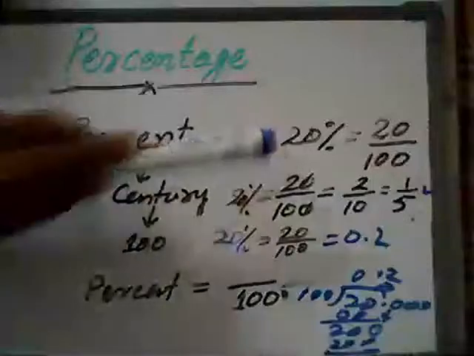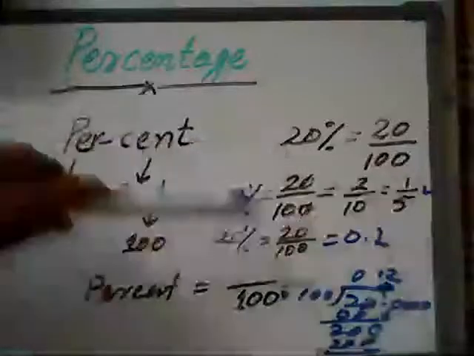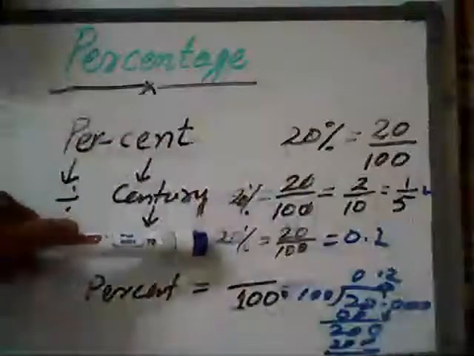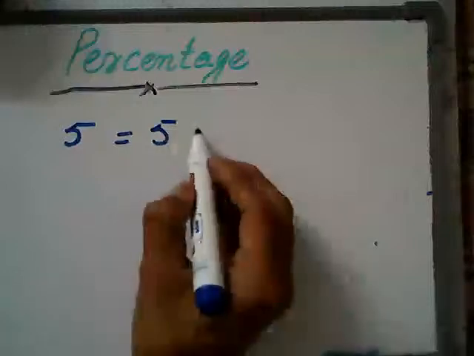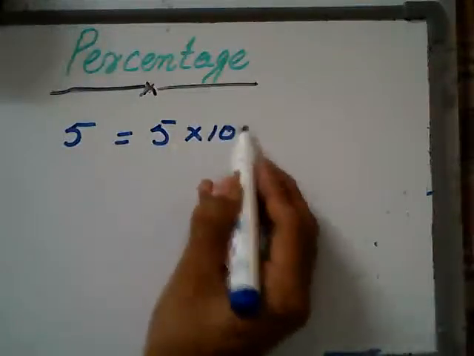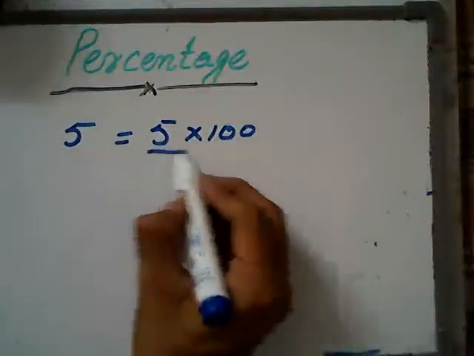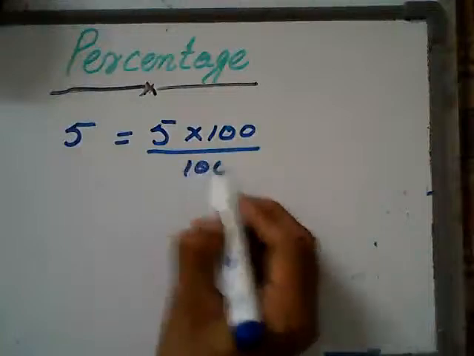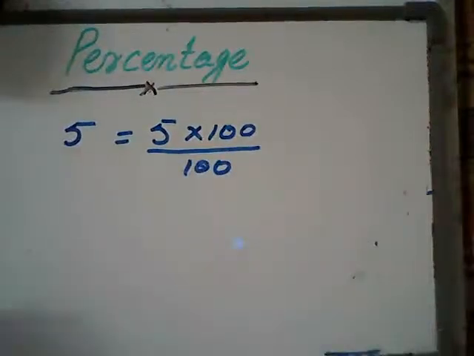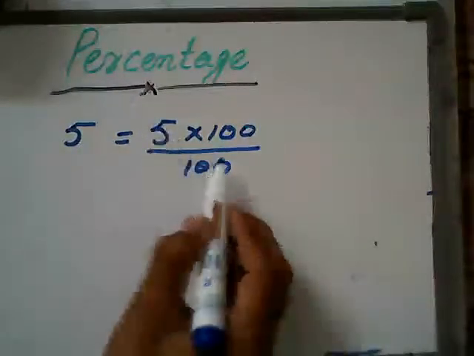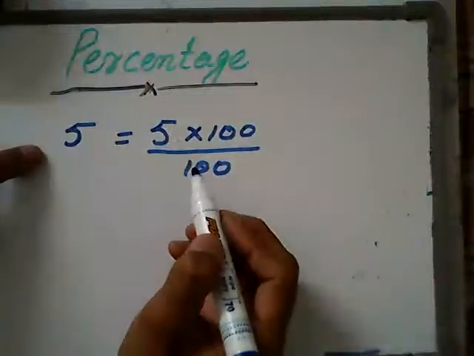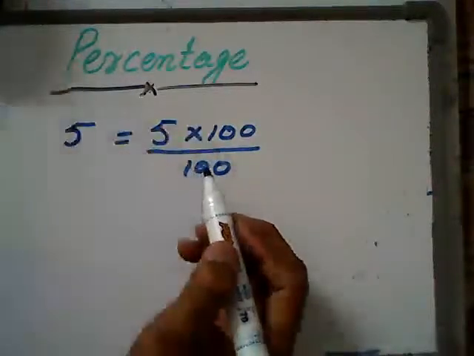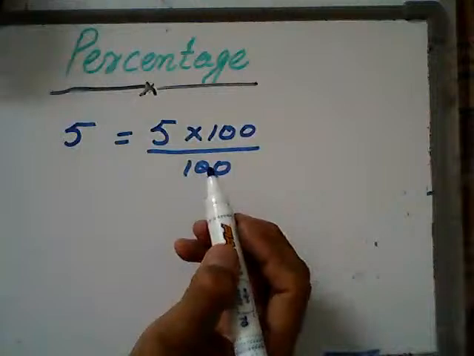Percentage can be converted into a fraction by simplifying. To go back, 1 by 5 is multiplied by 100 and divided by 100, because multiplying and dividing by the same number makes no difference. Why are we multiplying and dividing by 100?